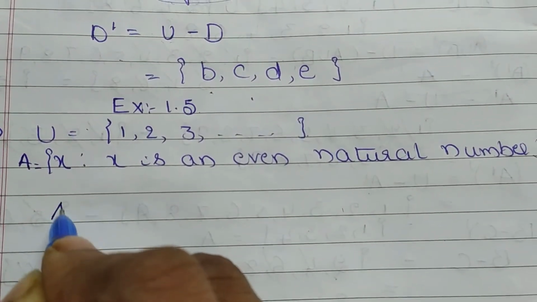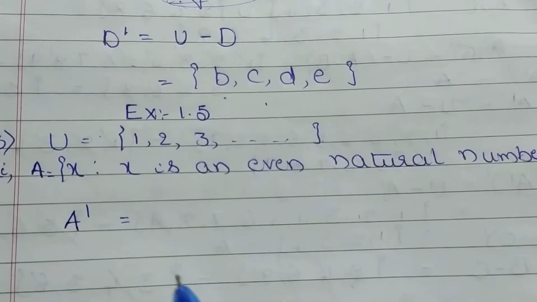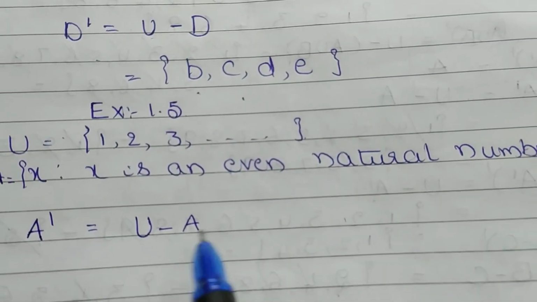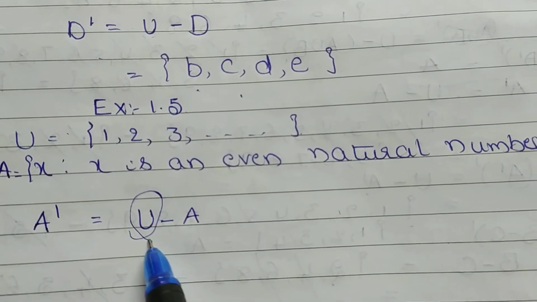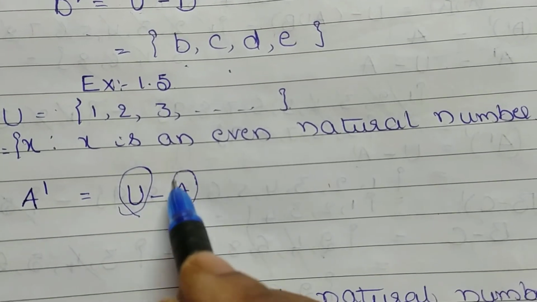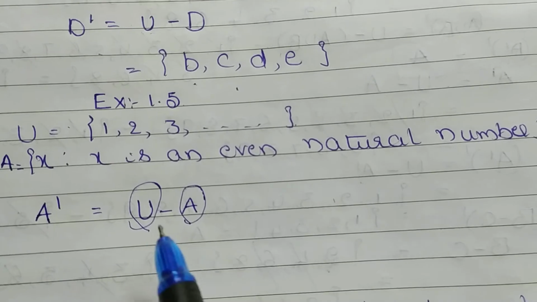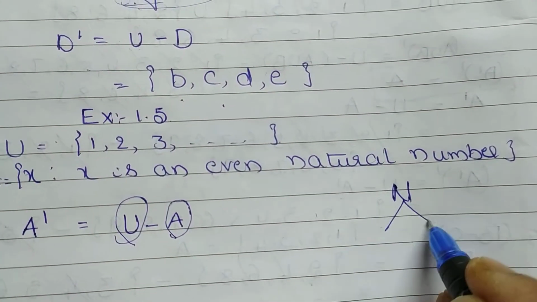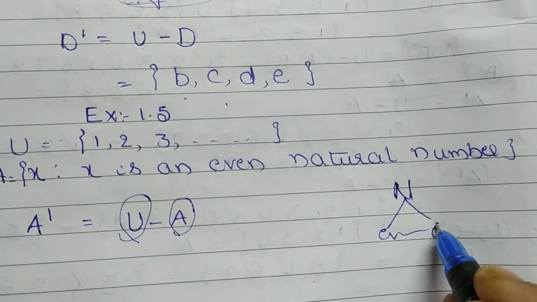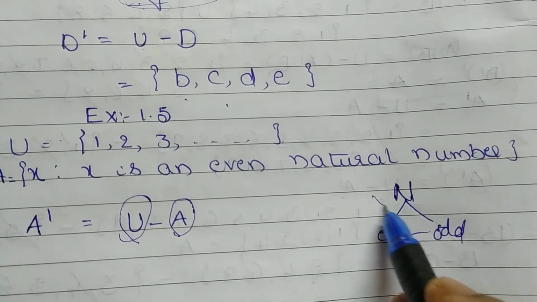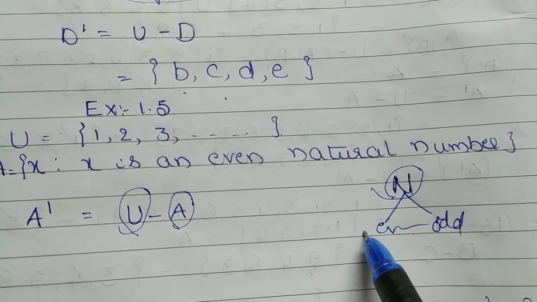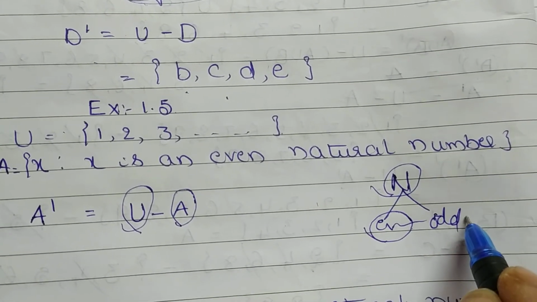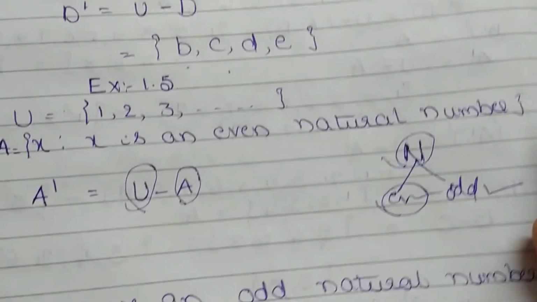Now I should calculate what is A complement. A complement means universal set minus A. U is the set of all the natural numbers and A is the set of even numbers. We know that the set of natural numbers is nothing but the combination of both even and odd numbers. So from the whole set of the natural numbers, if I remove the even numbers, you will be getting the set containing odd numbers.